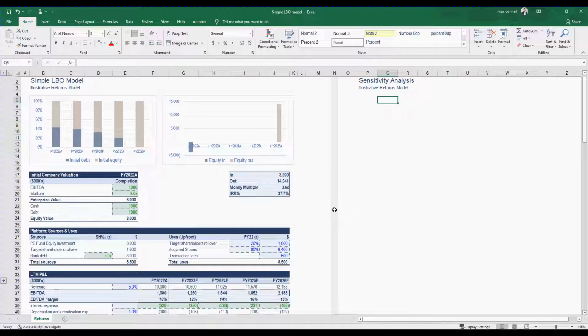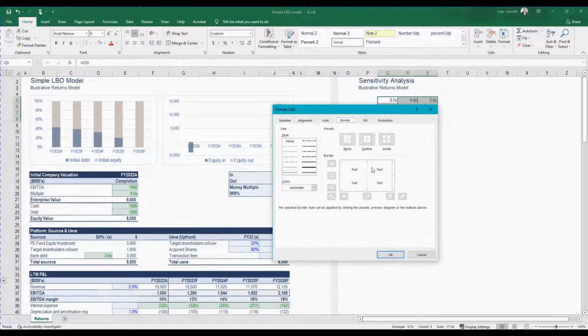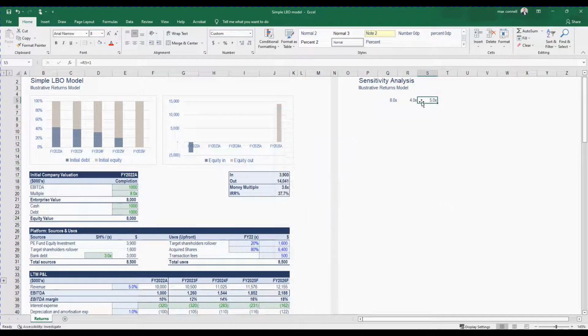So let's assume we're going to do 8 times, but what would it be if we did an entry multiple of 4? All the way up to, say, 12 times.